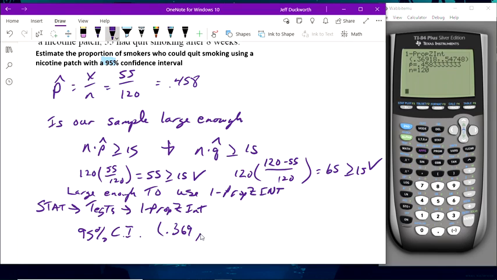And then the high end is 0.547. 4 doesn't let it go up either. So somewhere between, around 37% to almost 58% of people who use the nicotine patch will be able to quit smoking using it. And that's how we can interpret it if we wished.